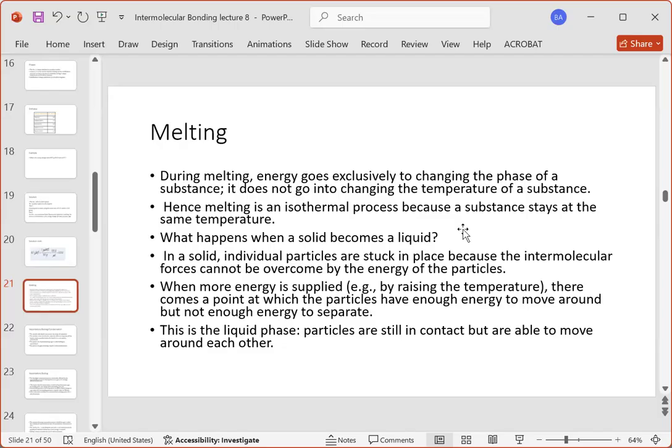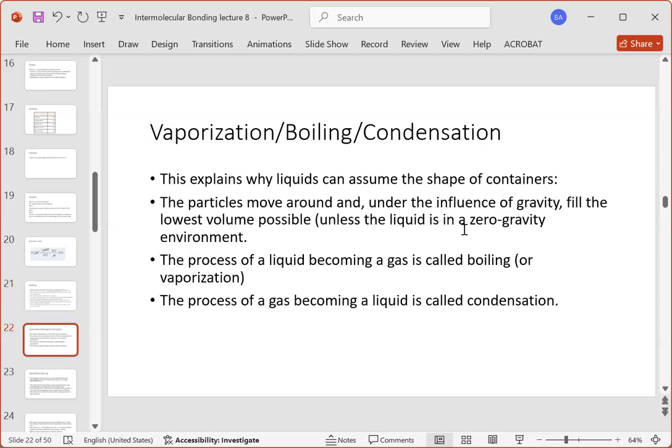This is the liquid phase. Particles are still in contact, but are able to move around each other. Then you give it more energy, and they say, "Oh, now I have energy." Then I break off. Then it becomes a gas.